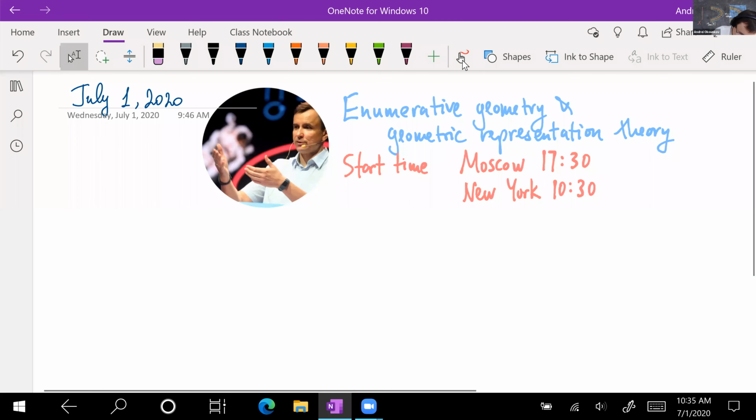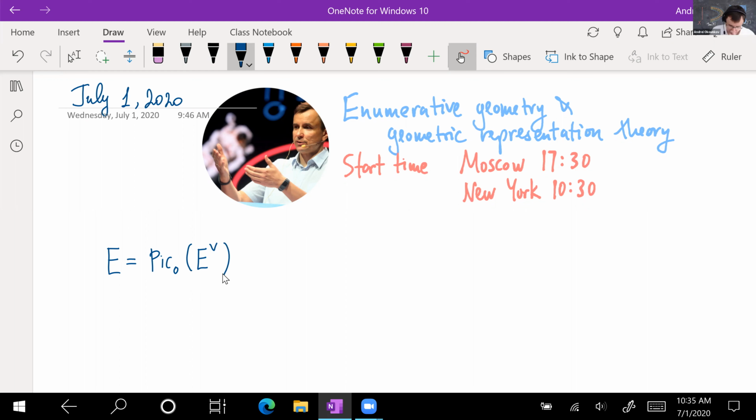Let E denote the group of line bundles, so it's Pic^0 of some other curve E check.